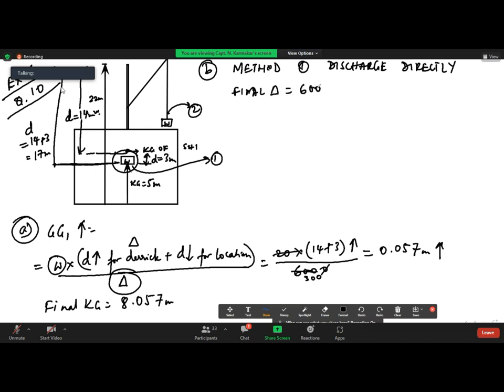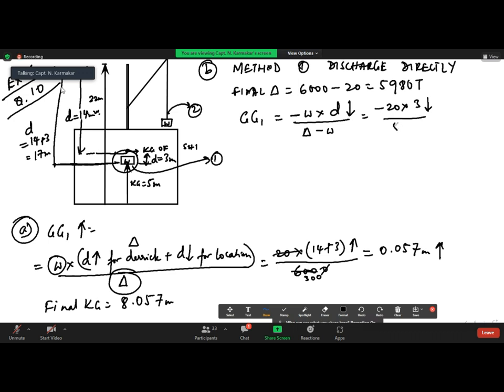Yeah, 6,000 minus 20 is equal to 5,980 tons. Now GG1 will be equal to W into D, which is downwards, divided by displacement minus W. So I have minus 20 into D downwards, that is 3 down, over 5,980. Are you able to understand? Please let me know.